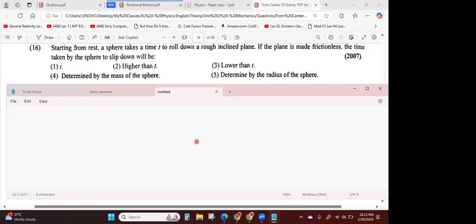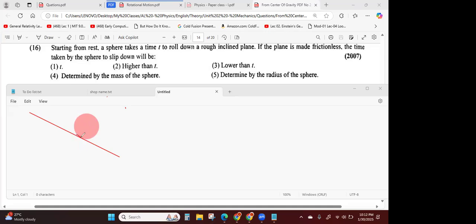Okay, let us see that. So first we have a rough inclined plane and a sphere, and it is rolling.